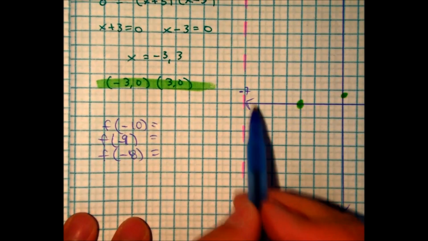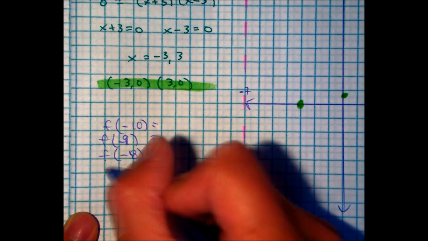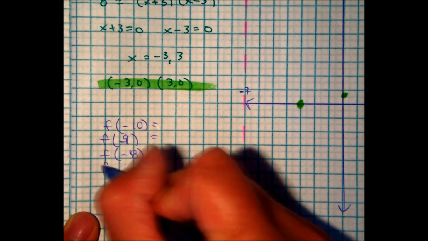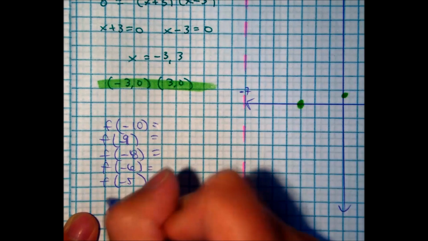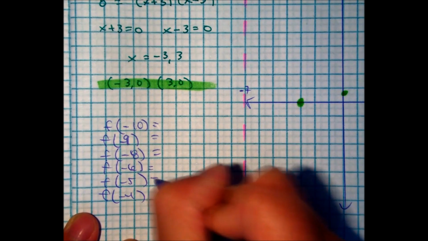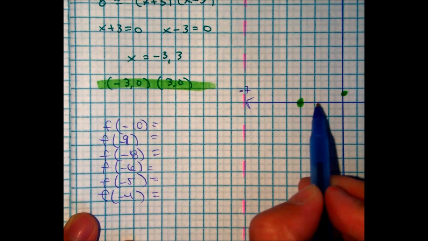And then we can get a couple of points over here: -6, -5, -4, and this looks kind of weird over here, so I'll just continue: -2, -1.